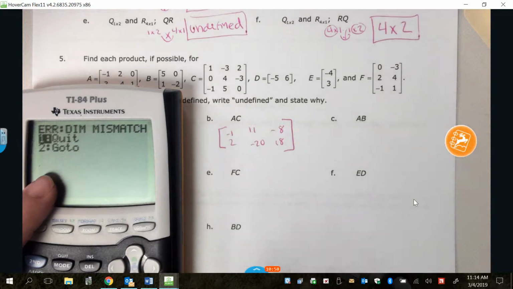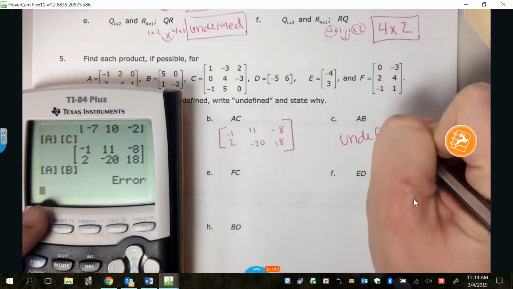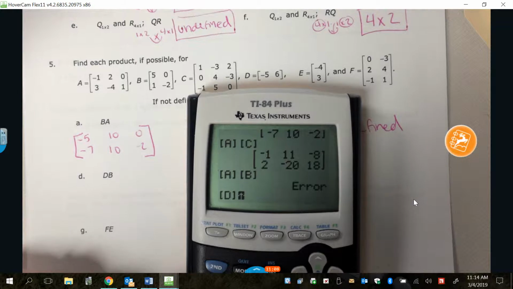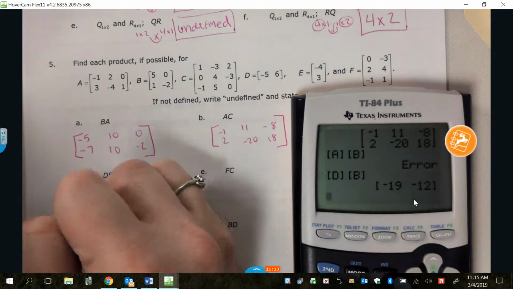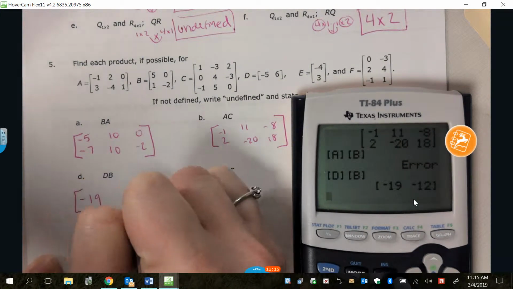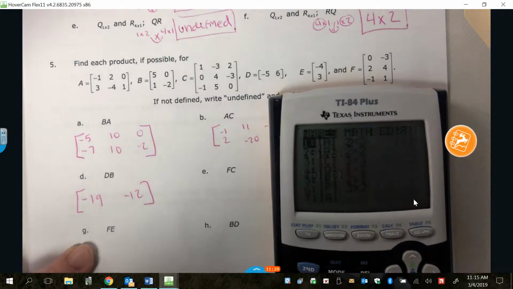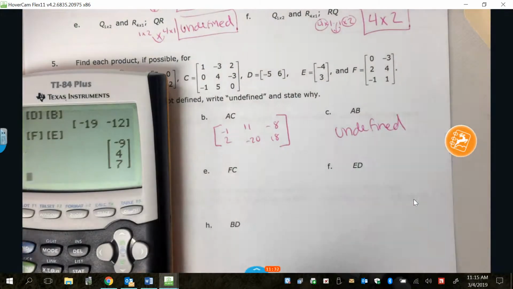So A times B doesn't work. Okay, therefore this is undefined. So here we do D times B. I'm going to go ahead and do this one. Second matrix F times E. Okay, now I'm going to do these three.